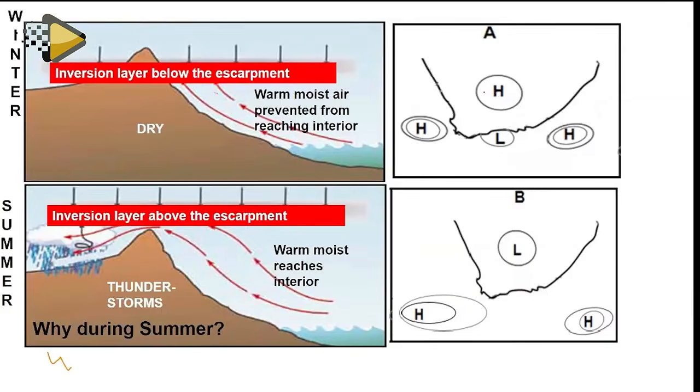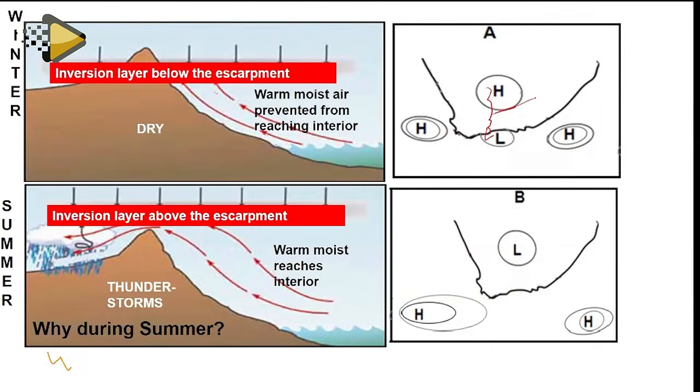Because of low temperatures, the air is heavy and it is subsiding. Now, the air will be blowing from the interior towards the coast. Now, the question will be, what do we call the air that blows from the interior to the coast?